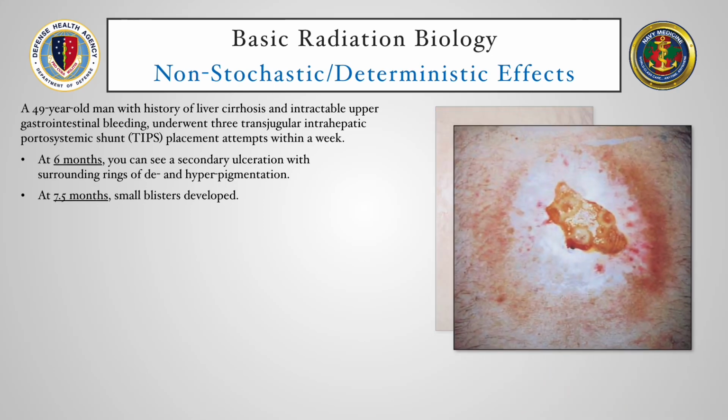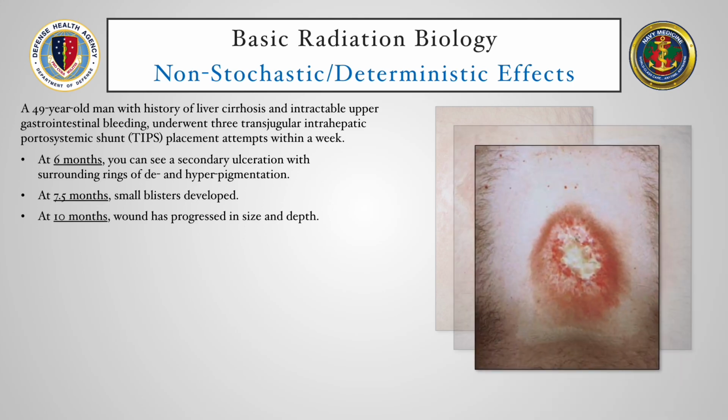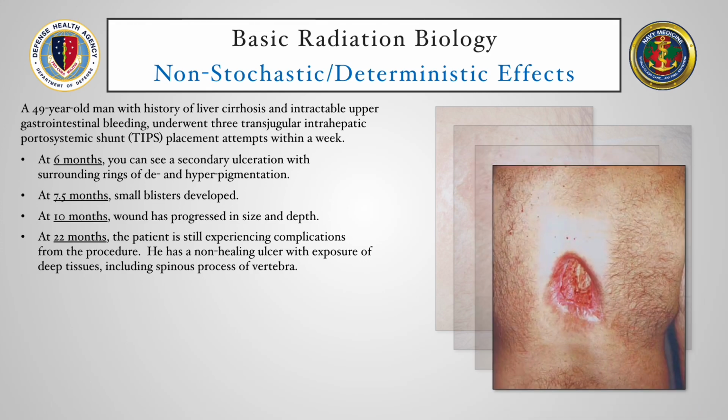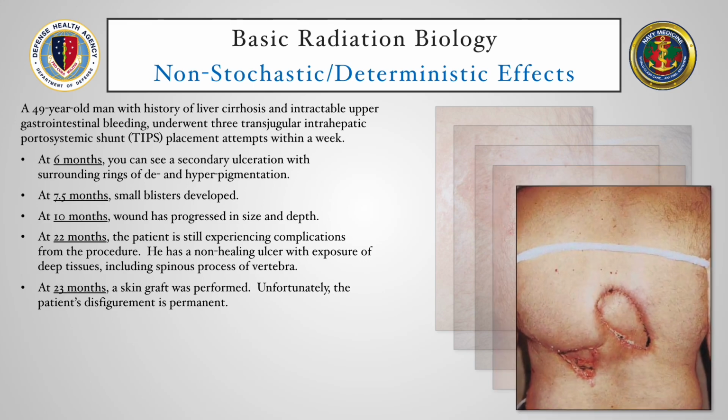At 10 months, you see that the wound has gotten bigger in size and depth. At 22 months, the patient is still having complications from the procedure where there's pain in the non-healing ulcer. And at 23 months, the patient finally received a skin graft, but the disfigurement from this procedure was permanent.